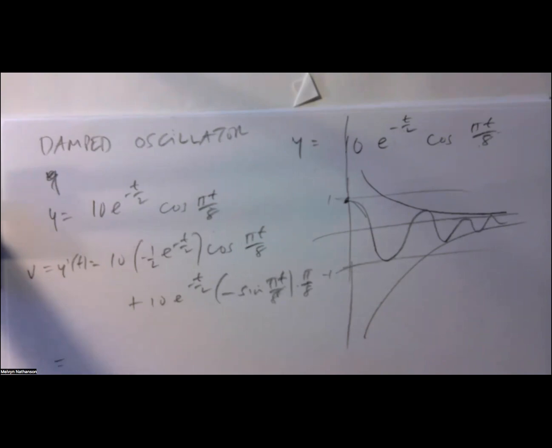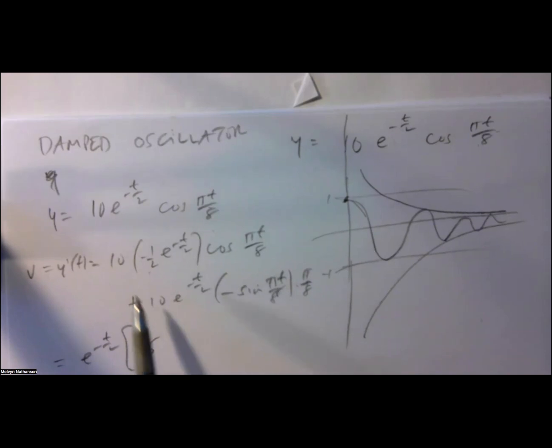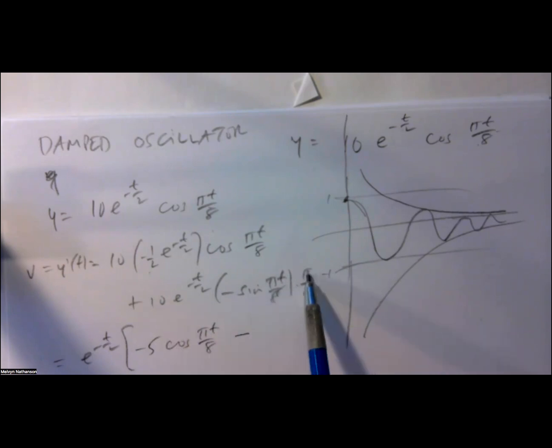So I can factor out e to the minus t over 2. And what do I have here? I have minus 5 cosine of pi t over 8 minus 10 pi over 8, which is 5 pi over 4, sine of pi t over 8.